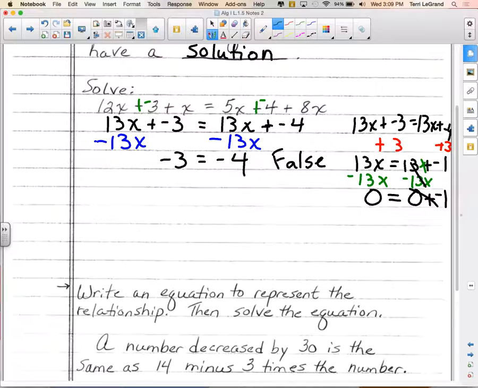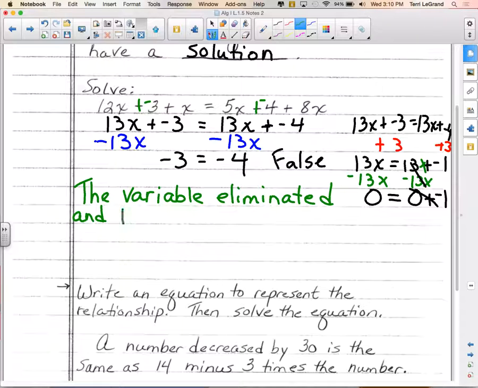So what we're going to do is say in our notes, the variable did the same thing here. It eliminated. The variable eliminated, and the result is false.